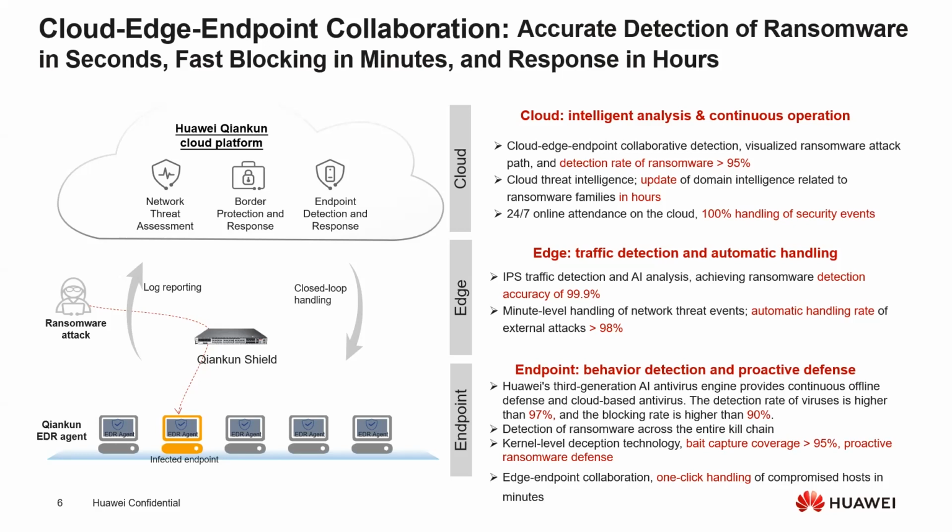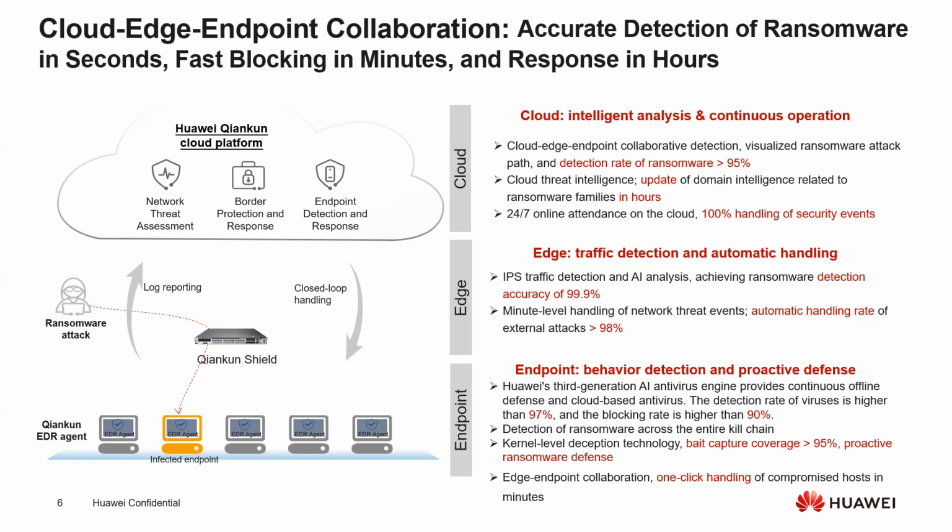So on the cloud, the collaborative detection and response are performed on the network borders and the endpoint EDR. So in this case, the ransomware attack paths are displayed in a visualized manner. The ransomware detection rate is higher than 95%. At the border, the IPS traffic detection and AI intelligent analysis ensure 99.9% ransomware detection accuracy.